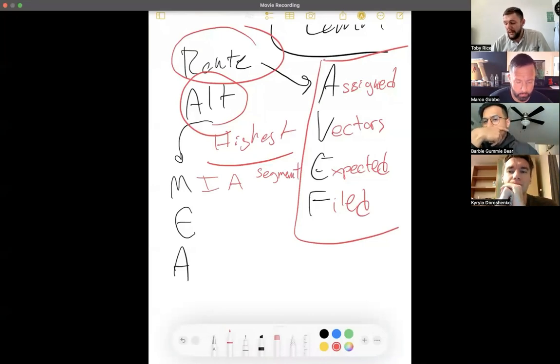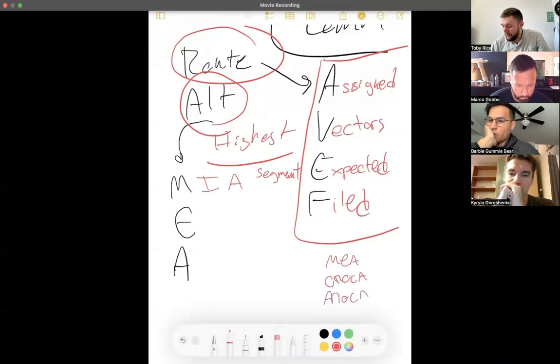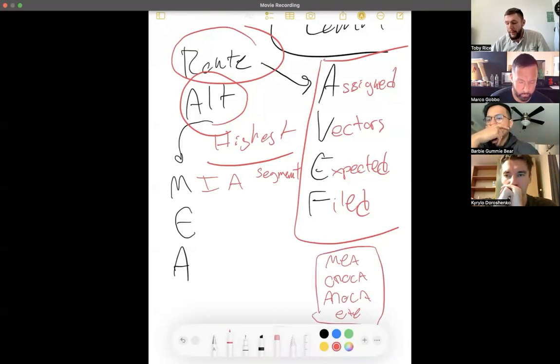What that means is whether it is an MEA, an OROCA, the MOCA, or whatever the minimum IFR altitude for our flight segment is, we have to fly that if it's the highest. The next is whatever we're told to expect.